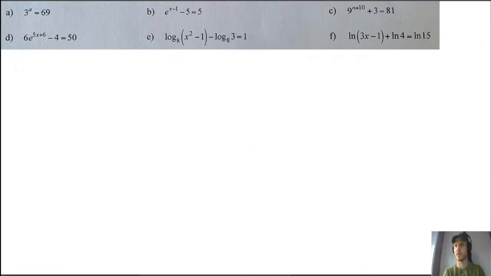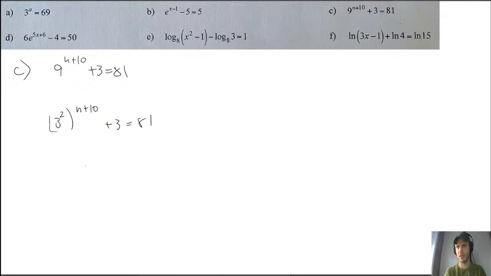So now we got C, 9 to the n plus 10, plus 3 equals 81, so I figure this would be something to do with powers of 3. And so 9 is 3 squared. And so we can make this 3 to the 2 times n plus 10, plus 3 equals 81.